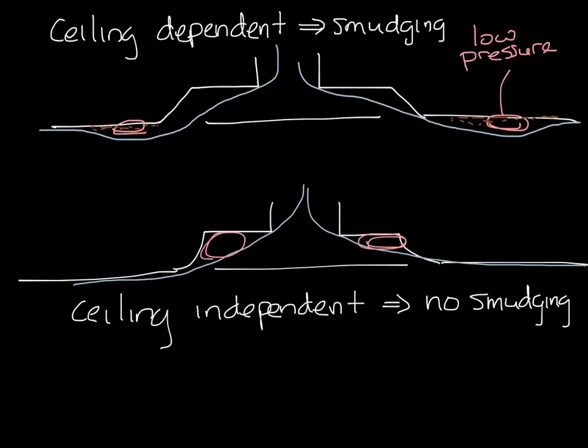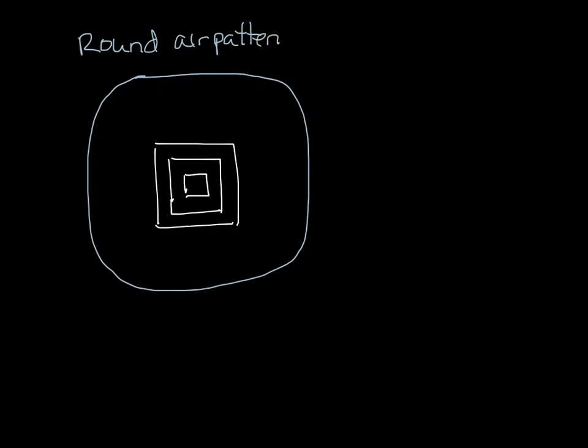Another thing that affects smudging on a diffuser is the airflow pattern. So if you have a diffuser with a round airflow pattern, like our TMS or our Omni, the airflow pattern comes out round or kind of squared off round, but in a 360 degree pattern. So there's nowhere for induced air to get between the ceiling and the airflow pattern.